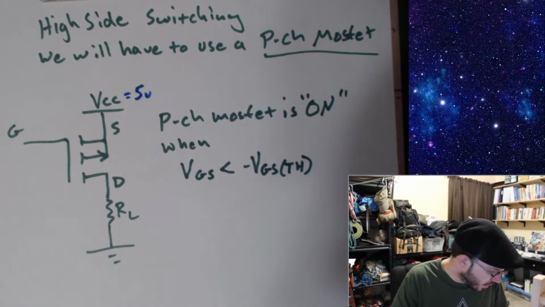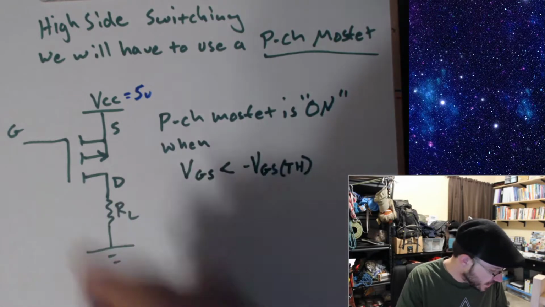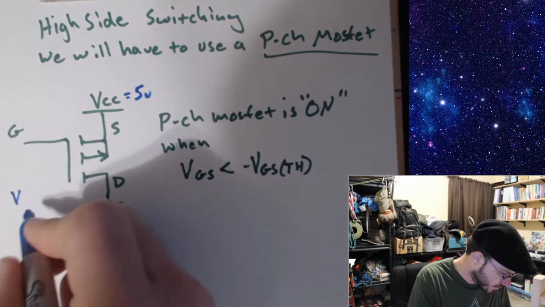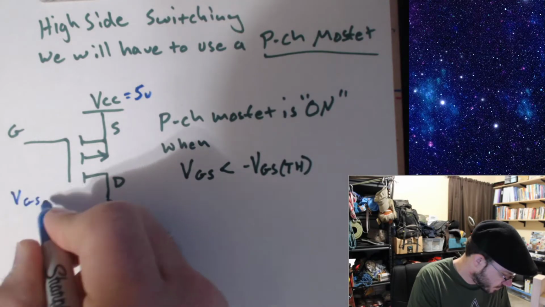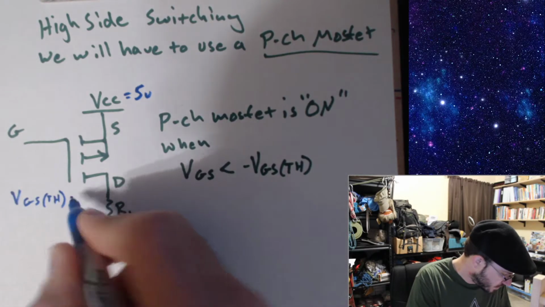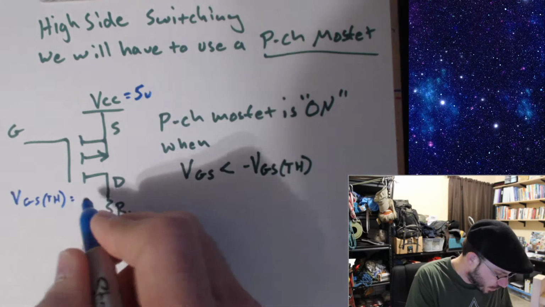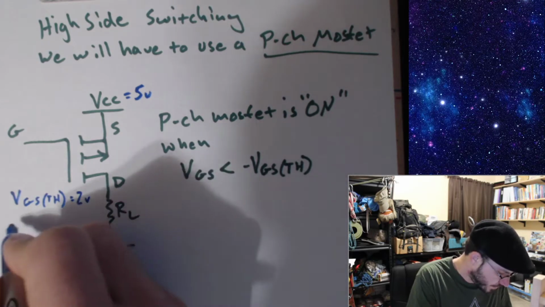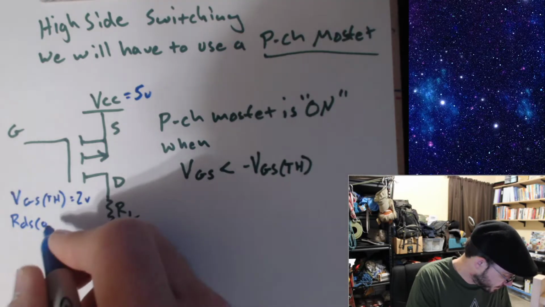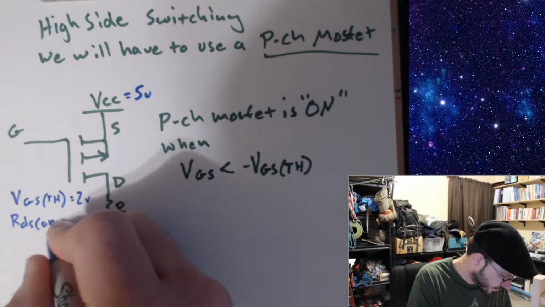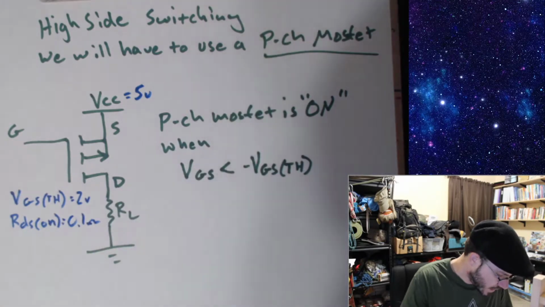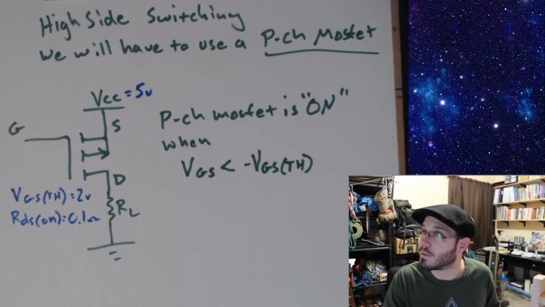Let's say our VGS threshold for this MOSFET is equal to 2 volts, and let's say the RDS on value is 0.1 ohms.